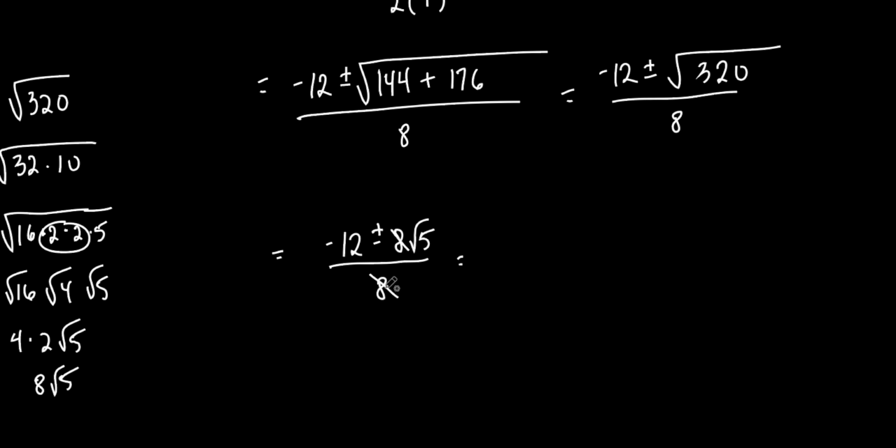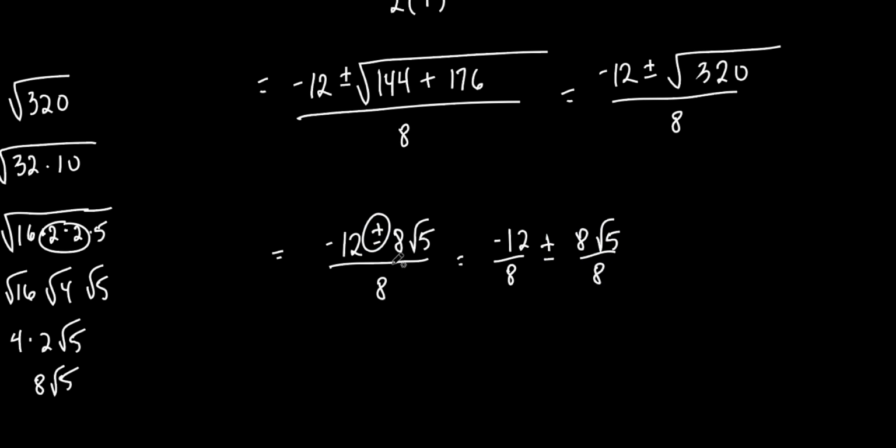That's not really true, because this 8 is also being divided by the negative 12. So just to save us a little bit of problems, I'm going to split it up. I'm going to go negative 12 over 8, then plus or minus, and then 8 square root of 5 over 8.